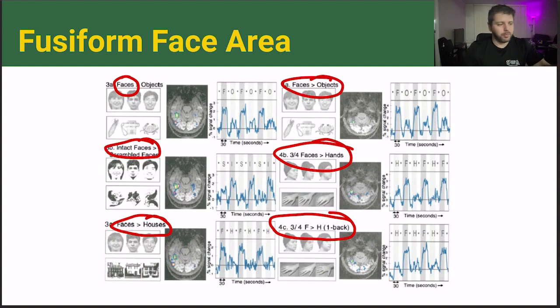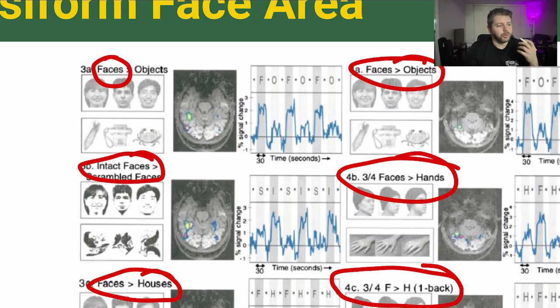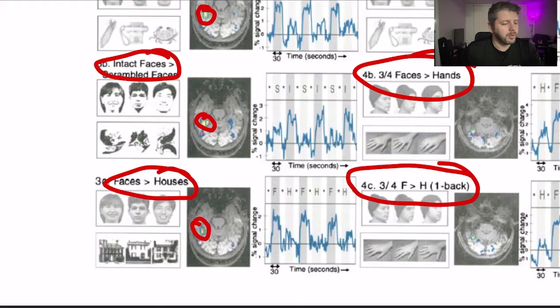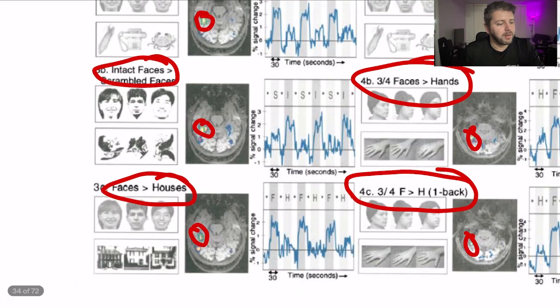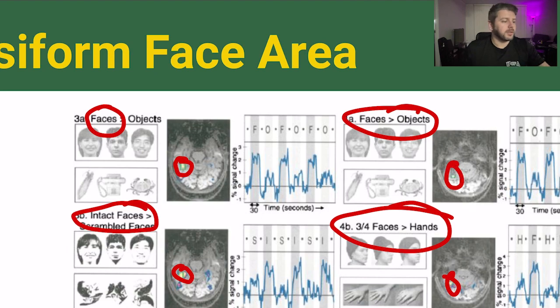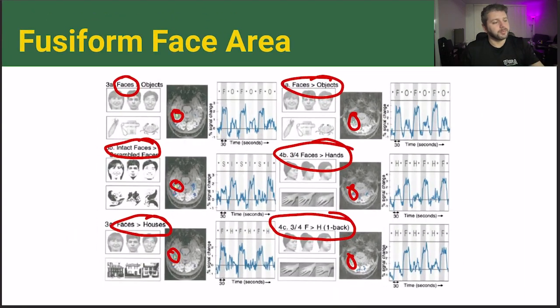The point is that we're looking at activity recorded while participants are processing the first category versus the second, and then you subtract one from the other to see the net remaining effect of activity when faces are processed that is not there when processing the other category. Pretty consistently we always see these responses in the FFA, so it's a very robust responder whenever you're presenting faces to people.